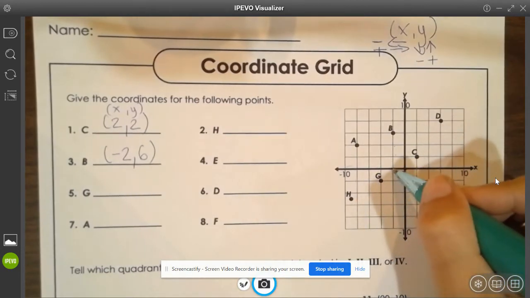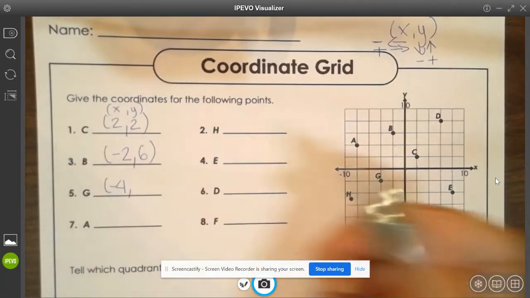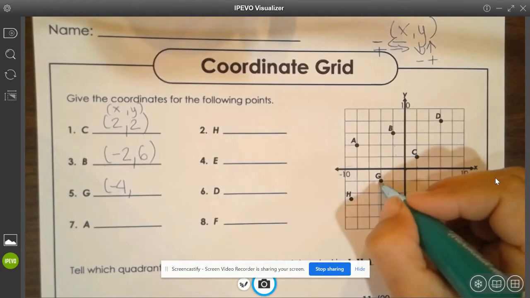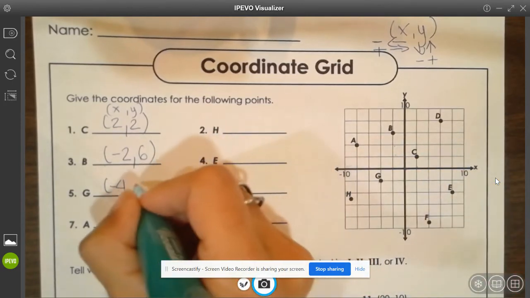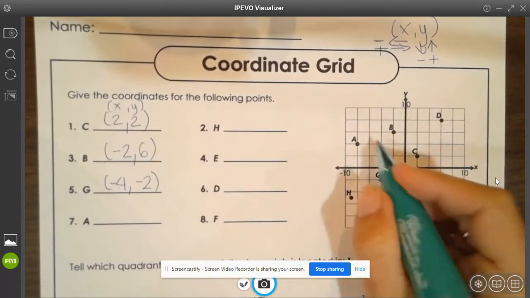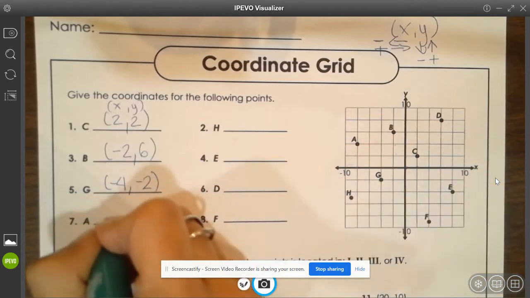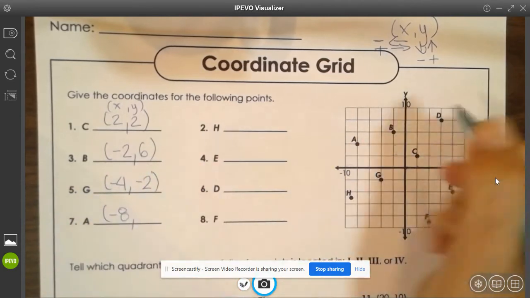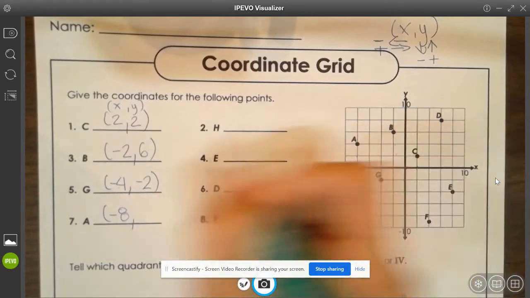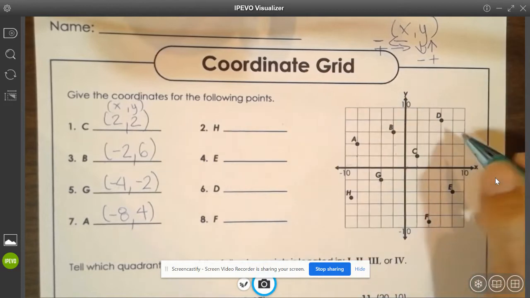So that's 2, 4 to the left, which is negative because you're going from 0 to the left, and then it's going to be 2 down. All right, A. A is over here. So we're going to go 2, 4, 6, 8 to the left, and then from 0 you go 2 and 4, positive.